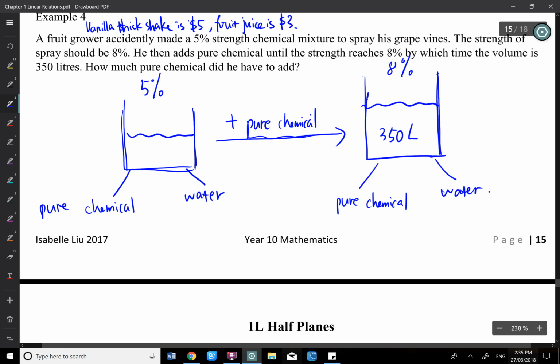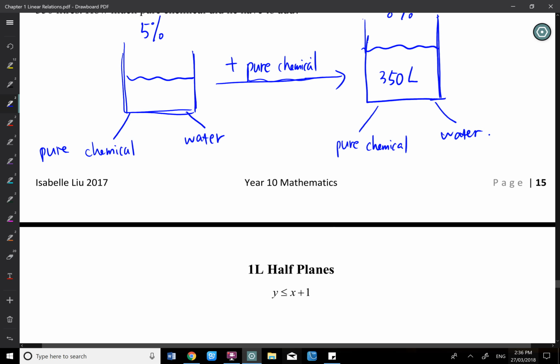Plus water, right? Okay. So what we don't know is the volume of the original and the volume that we add in. That's the two things we don't know. We don't know what we originally have. I don't know how much chemical I have added. So I'll say that's X liters originally, and that's Y liters I have added. Okay.